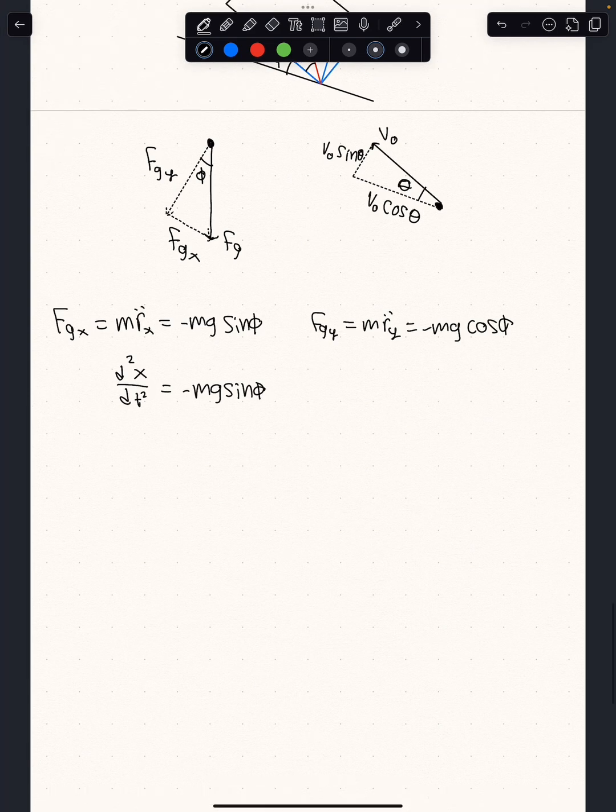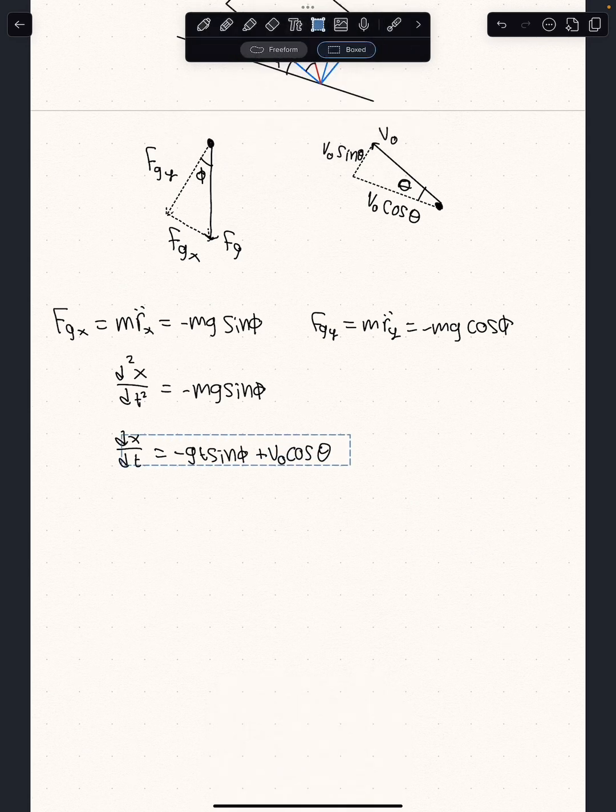Integrate, we get dx dt equal to negative gt sine phi plus v naught cosine theta. Probably gonna need to make some room for this when we do Fgy.